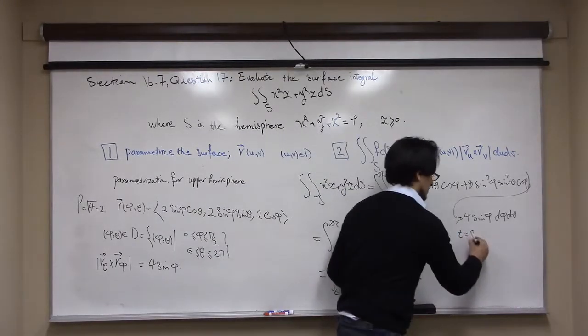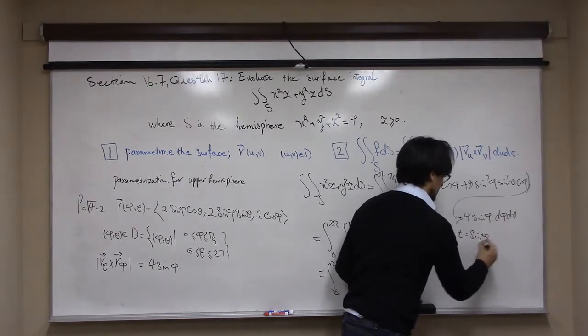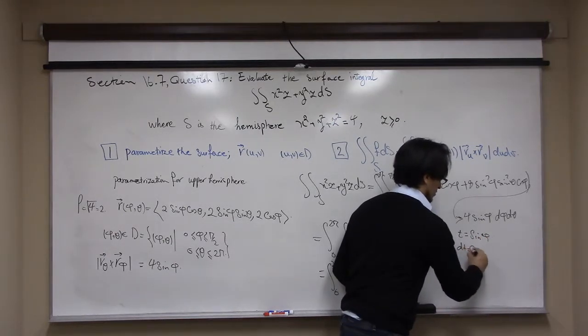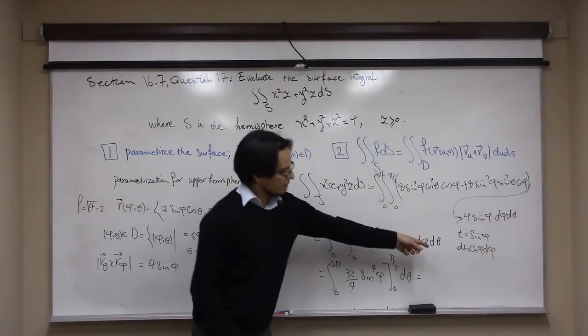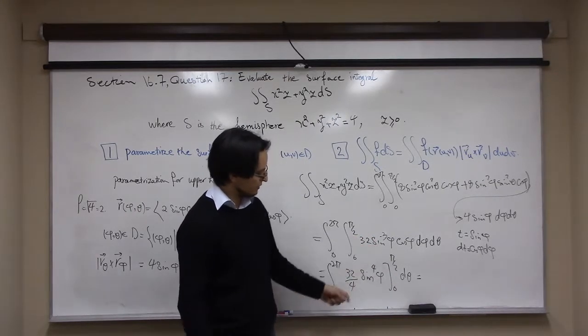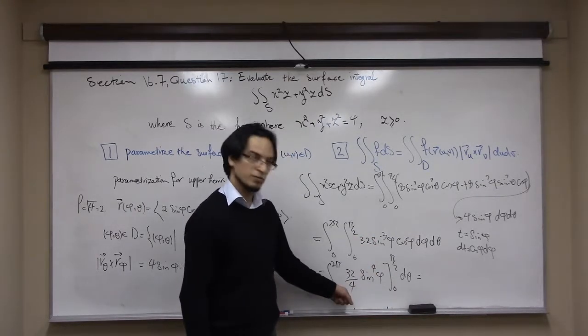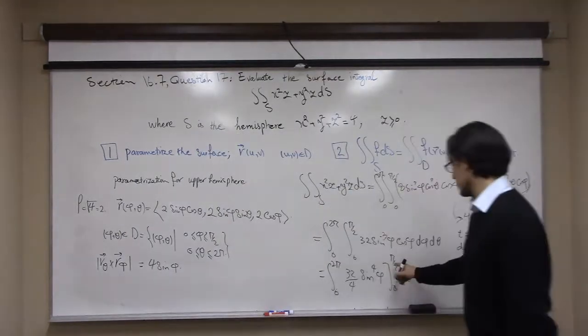I say t is equal to sine of phi, and then dt, which is cosine phi d phi, is here. So I have t to the power 3, its antiderivative is t to the power 4 over 4, and that's it.